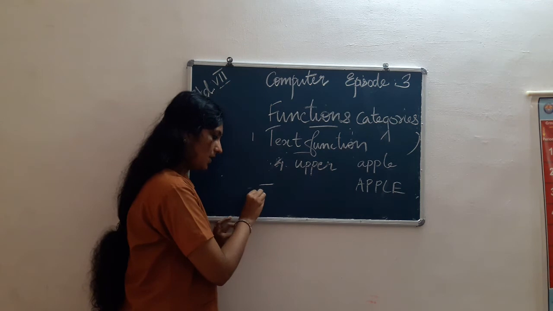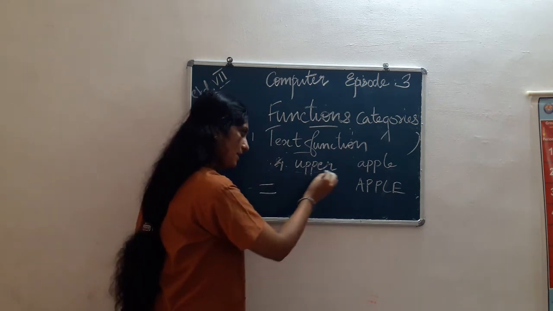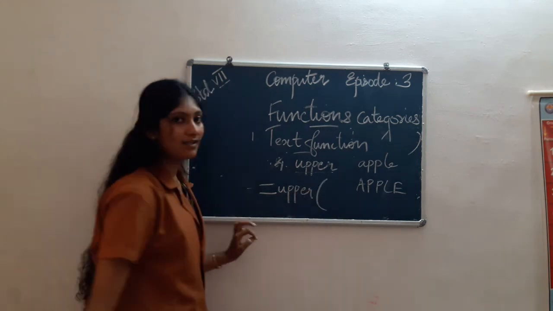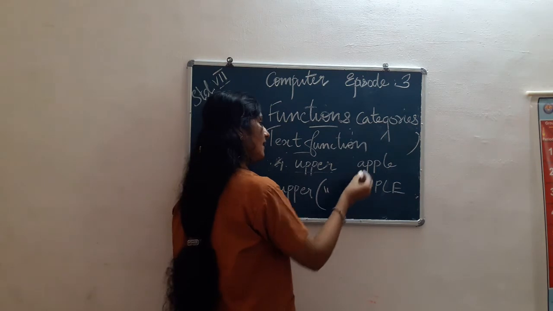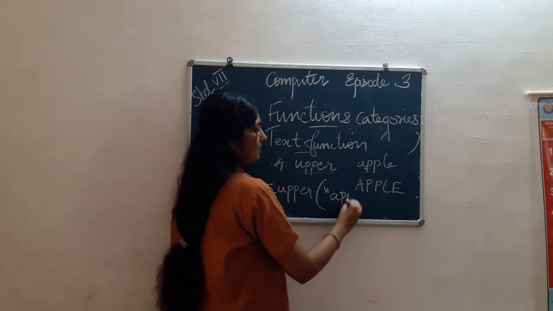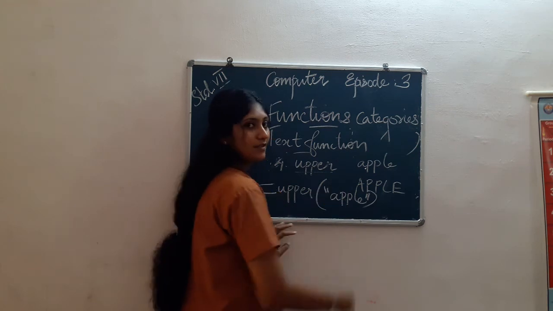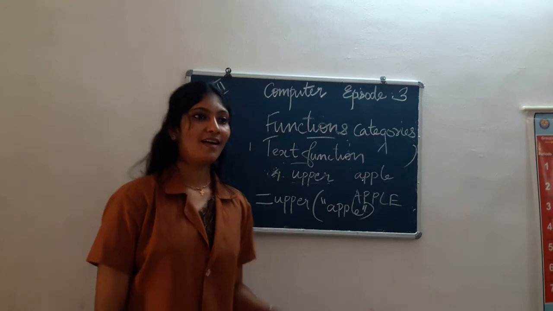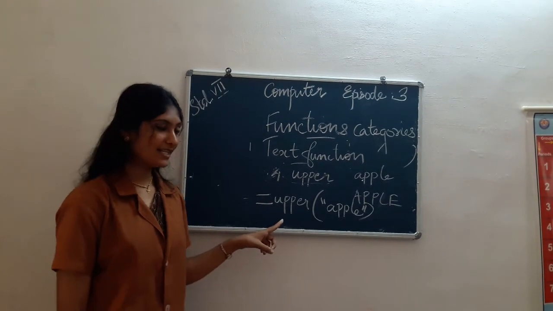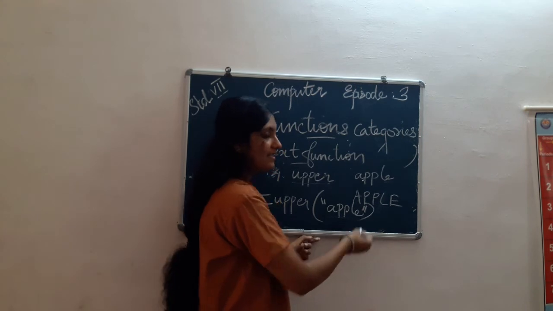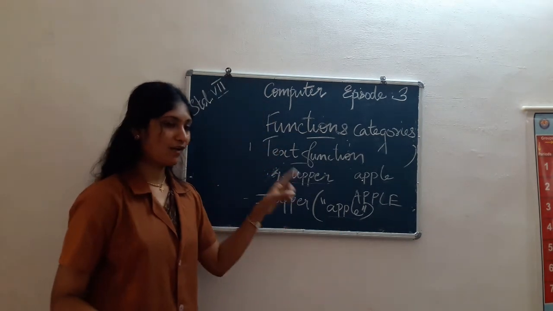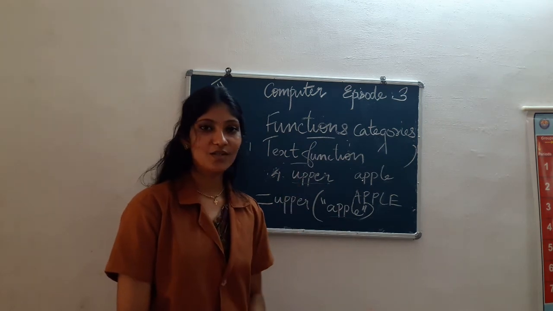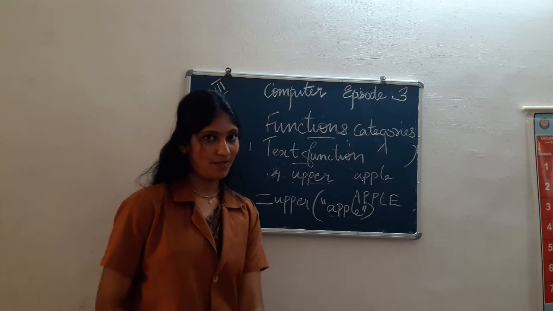First, just write an equal to symbol. Then the function name here is upper, and within the argument you can write the string. Here the input string is lowercase apple. So what is the final result? Uppercase APPLE, a capital letter word.